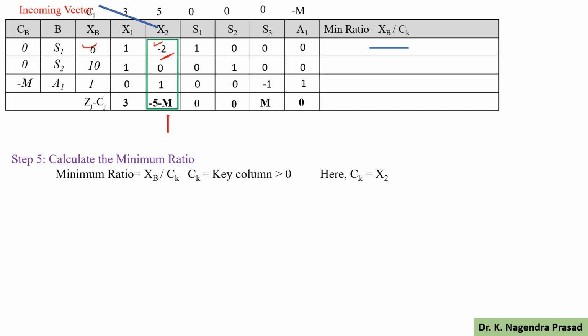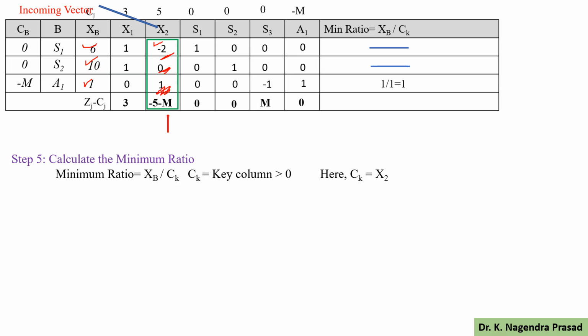Next we determine xb divided by ck for the second row. Here the xb value is 10 and the ck value is 0, so we do not calculate it for the second row either. For the third row, the xb value is 1 and the ck value is 1, so xb divided by ck is 1 by 1, which is equal to 1.